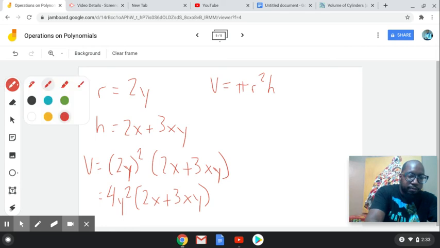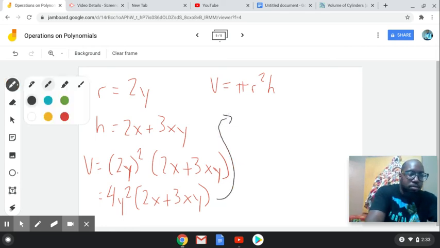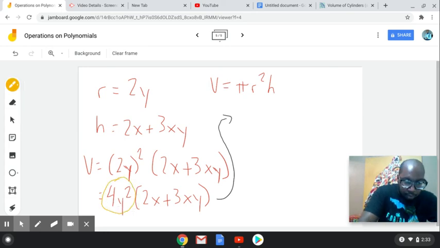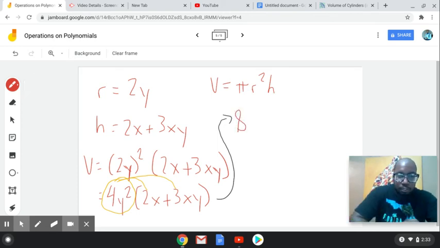Now I'm going to write the rest of it over here at the top. As I distribute, I have to distribute this 4y squared into the 2x and the 3xy. So 4 times 2 is 8, and y squared times x is xy squared.